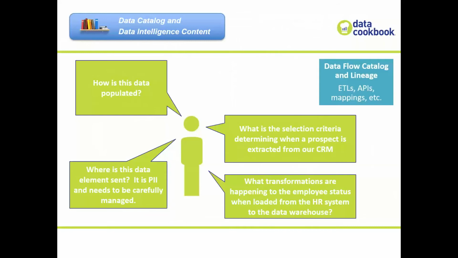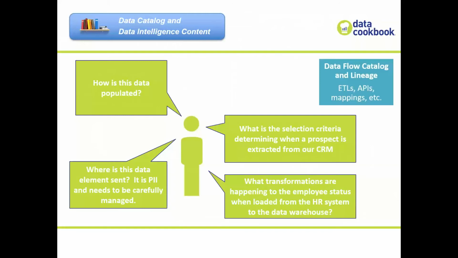What is the selection criteria determining when a prospect is extracted from our CRM? So this is kind of a detailed question about saying, hey, what are the data scenarios before data gets moved from one system to the next, which maybe is making sure that it matches your system of record understanding as well. And then I mentioned this first, but someone might say, what transformations are happening to the employee status when loaded from the HR system to the data warehouse?